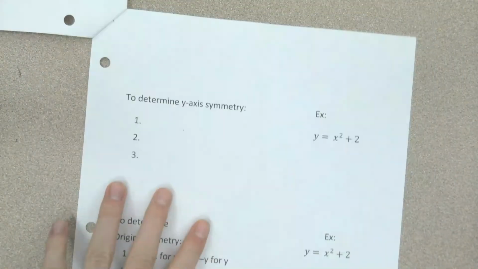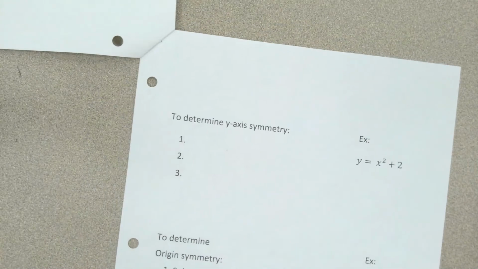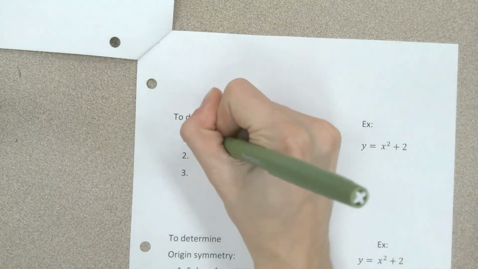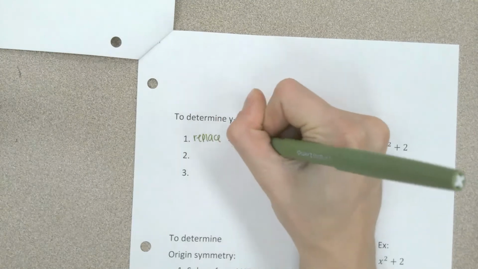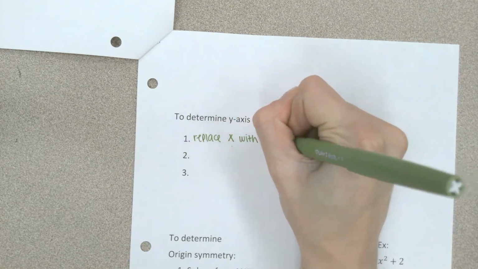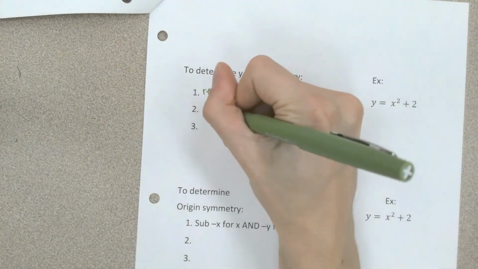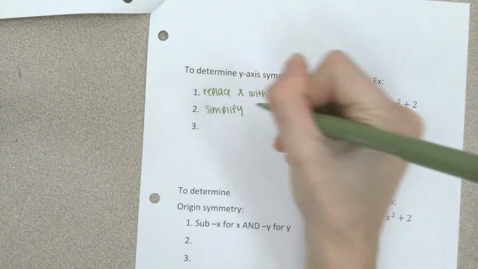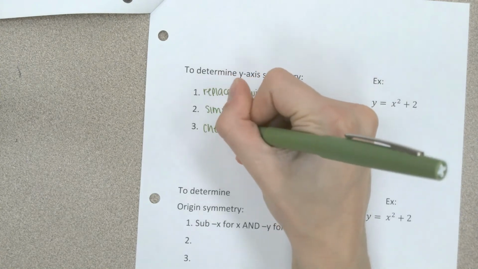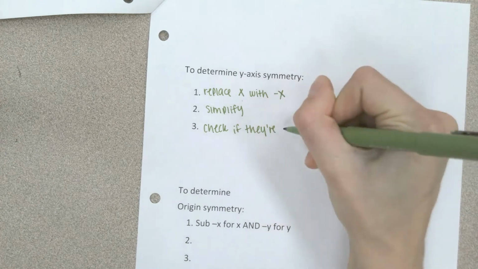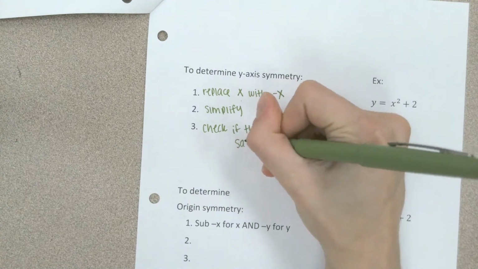So to determine if we have y-axis symmetry, we're going to pretty much do the same thing, okay? We are going to replace x with negative x, so make x negative. We are going to simplify, and we are going to check if they are the same.